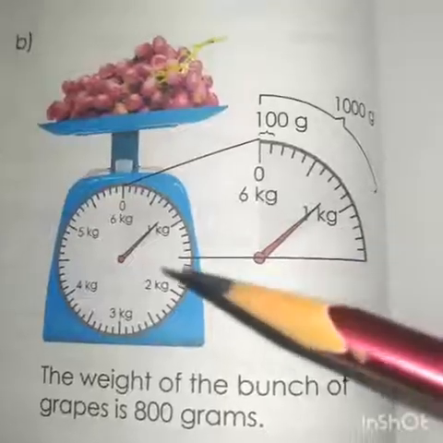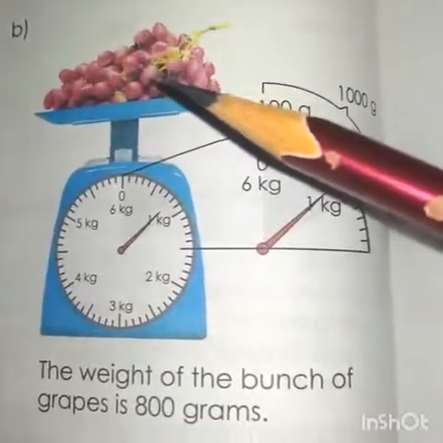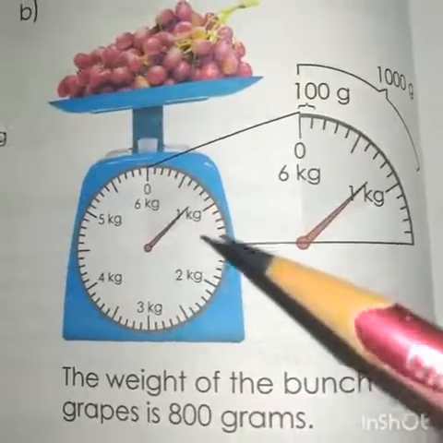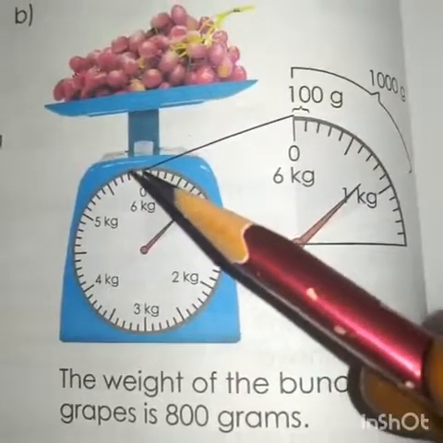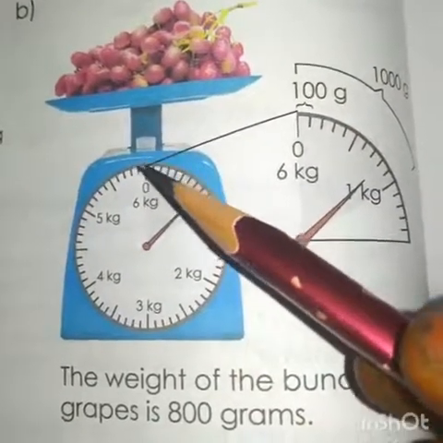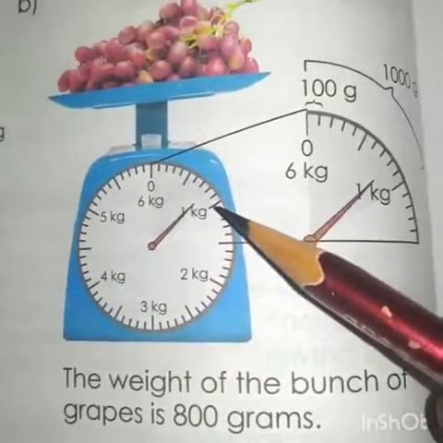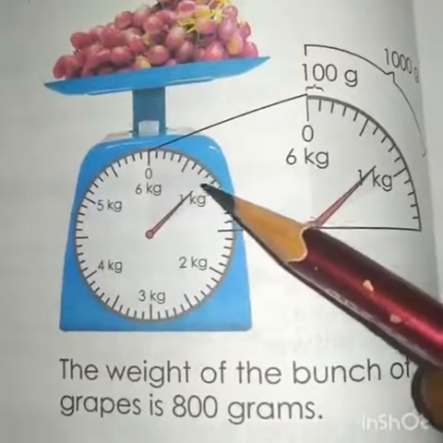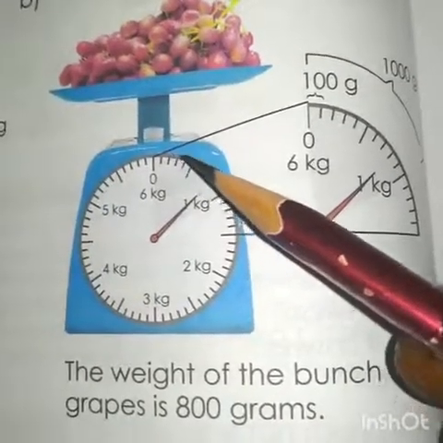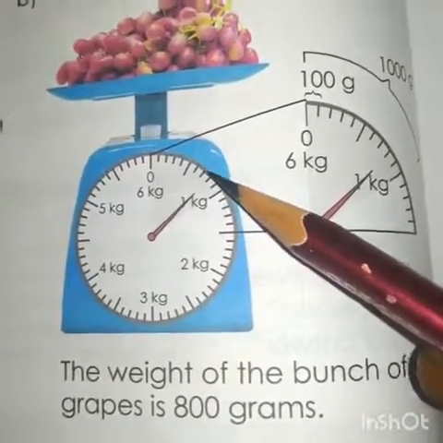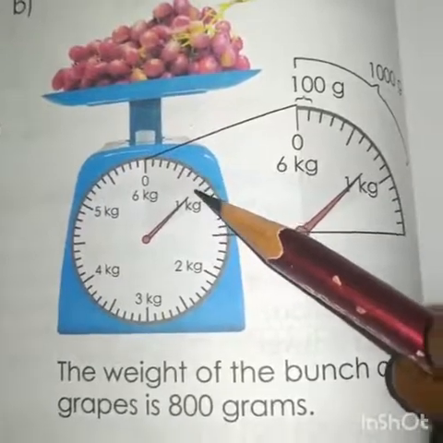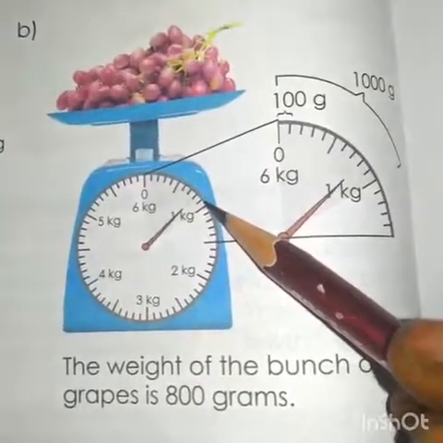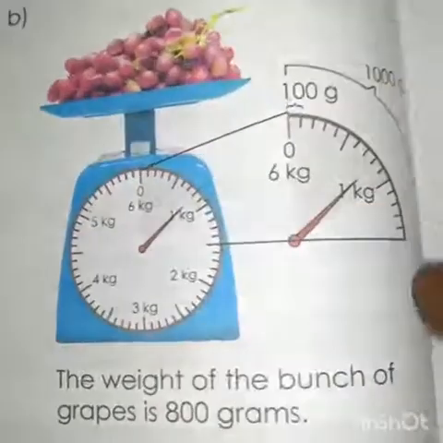What is the weight of the bunch of grapes? Here it starts from 0. The weight machine starts from 0 and ends with which point? The 8th point. 0 to 1 kg. 1 kg represents 1000 gram.